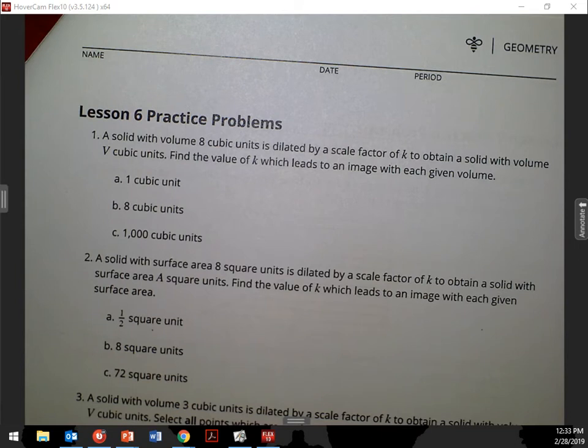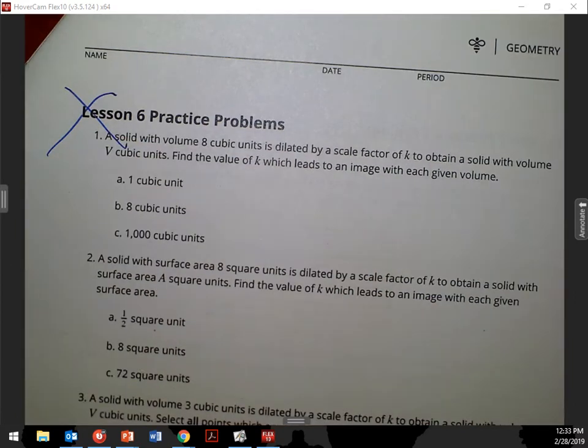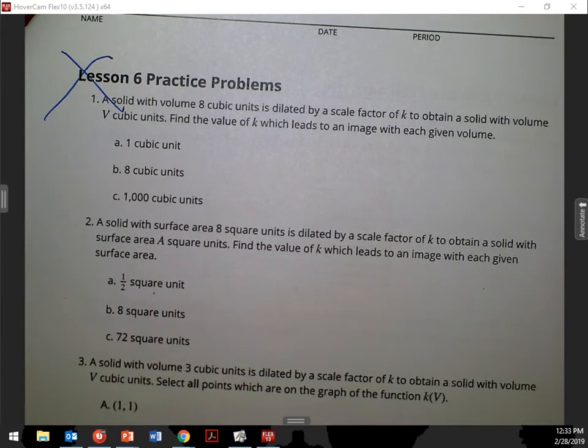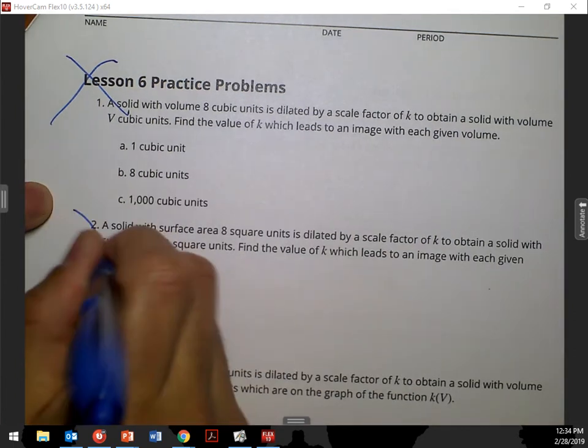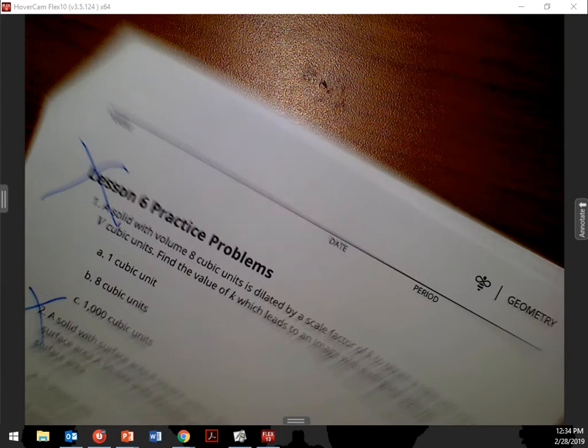Hold on, I'm actually looking at the test. No cross section, no scale factor. So you're just going to cross it off. Solid, dilated, scale factor, dilation, nope.